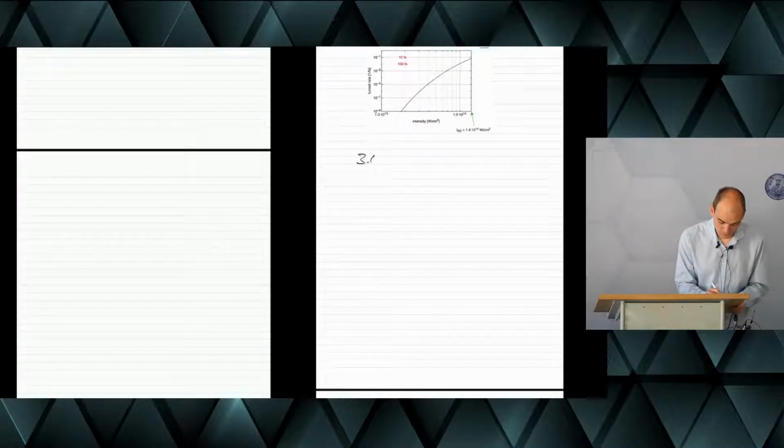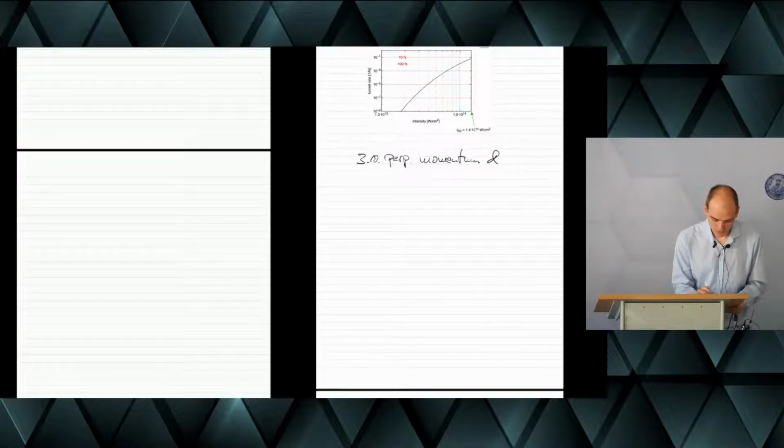Okay, so 3.10, perpendicular momentum and orbital effect.